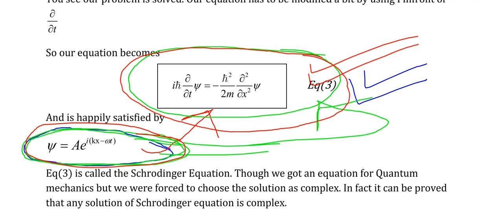It means I had to give up the real function that I wanted to define the wave nature of electron. I had to give it up, and the only choice I had is to use a complex function.